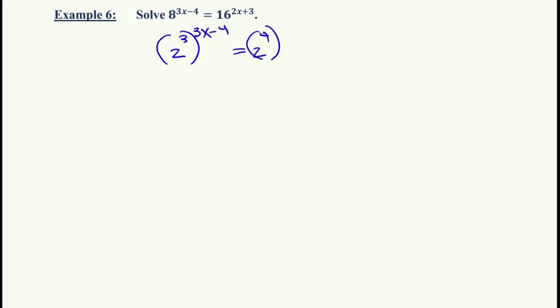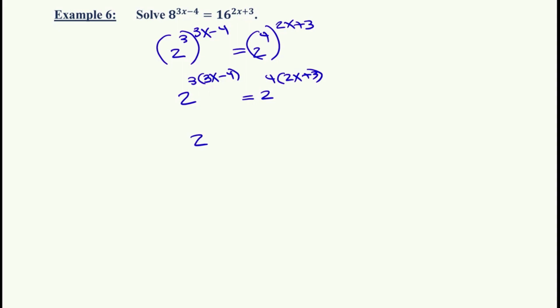And of course, we need to raise that to the power of 2x plus 3. All we did was replace 8 with 2 cubed and 16 with 2 to the 4. All right, so we get 2 to the power of 3 times 3x minus 4 equals 2 to the power of 4 times 2x plus 3.